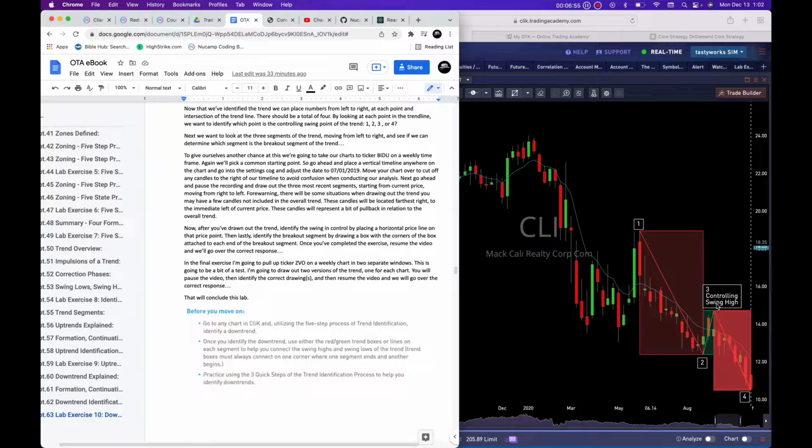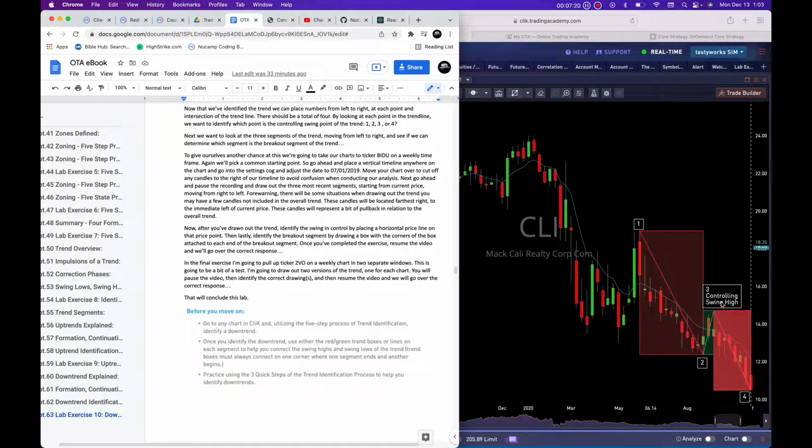And again, this is the swing in control because if price were to ever cross back above that price point, then the downtrend would be discontinued. Okay, but again, we have our breakout segment here. The breakout segment is always the segment that crosses below the low and makes a lower low.